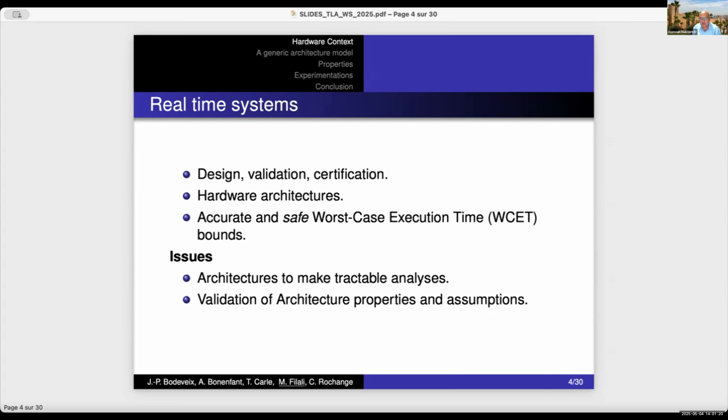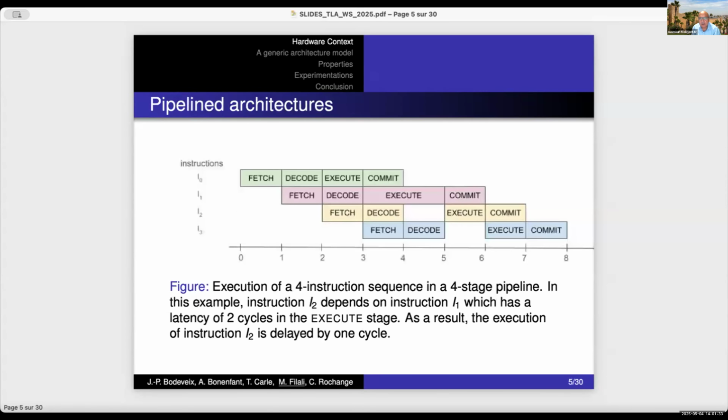And then we have to validate the properties of these architectures and the assumptions that we make about these architectures. Here, I recall a well-known textbook pipeline architecture.